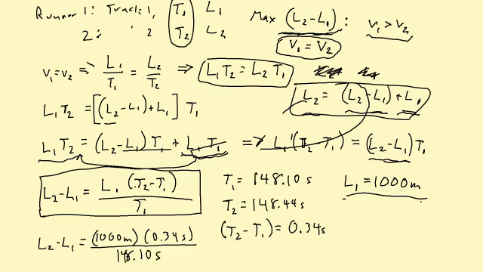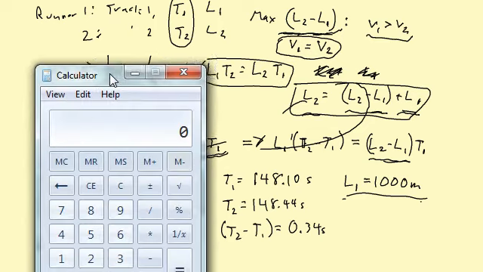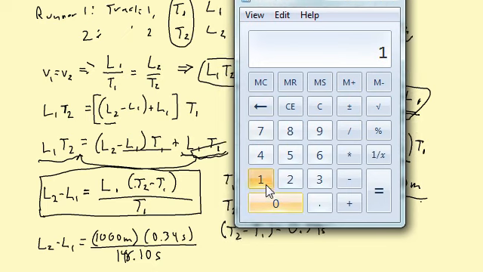148.10 seconds. I forgot to get my real calculator out, so let's use our funky little Windows calculator. And I promise I will not pull this thing out again, but just this once. So 1,000 times 0.34 divided by 148.10 equals 2.3 meters.